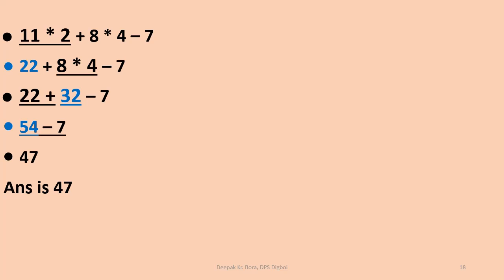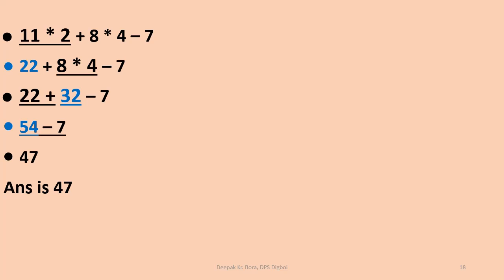In this example, it is 11 into 2 plus 8 into 4 minus 7. Now here, multiplication is coming 2 times. So in this case, we have to remember that QBasic always evaluates the expression from left to right. So first, we see on the left hand side the multiplication sign is there. We have to evaluate that particular expression first, that is 11 into 2.